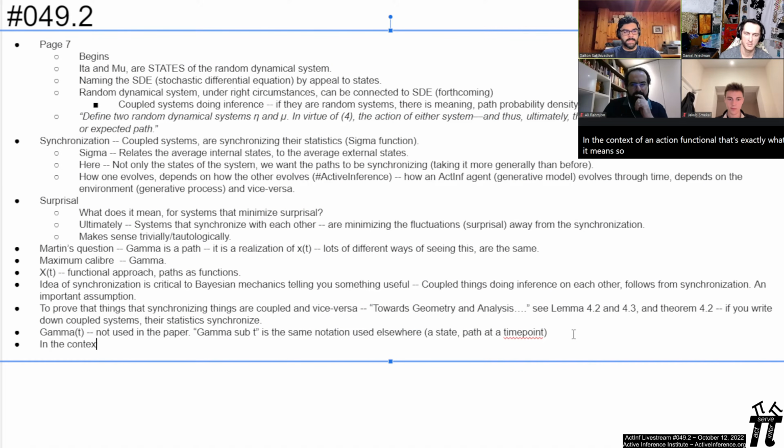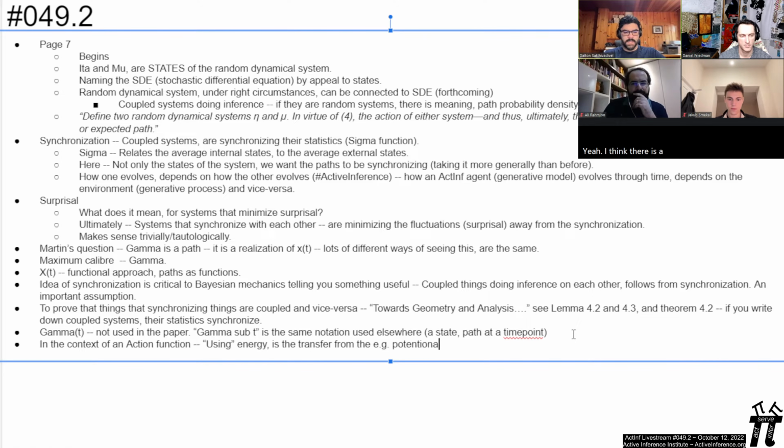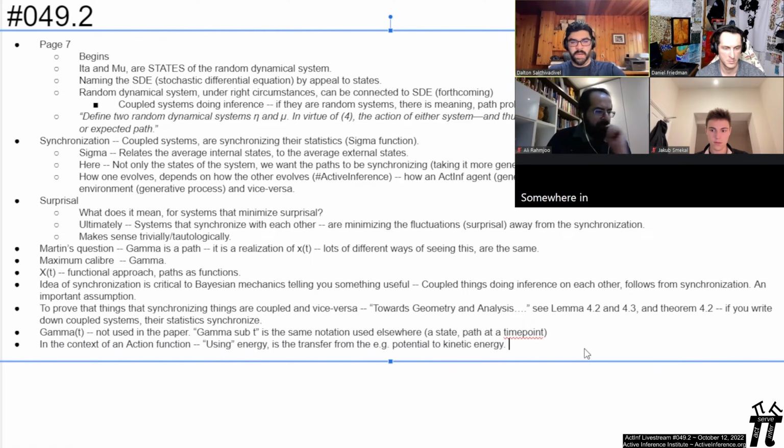So this transfer of potential energy to energy of motion, which is kinetic energy. So yeah, I think there is a conceptual discussion of this in the On Bayesian Mechanics paper, somewhere in section 2, I think.